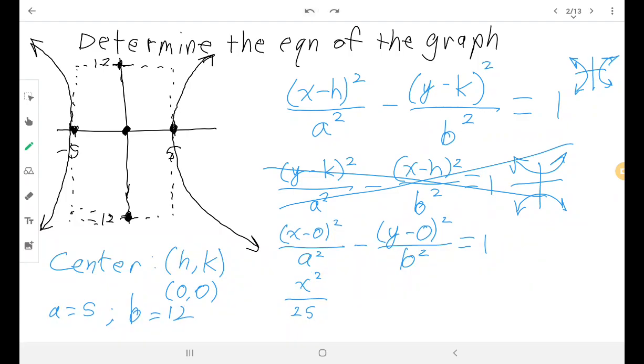Minus, likewise, y minus 0 is just y, and then squared, over b squared. b is 12, so b squared is 12 squared, which is 144, equals 1. And there we have the equation of the hyperbola. All right. I'll let you look at that for a second. And let's move on.